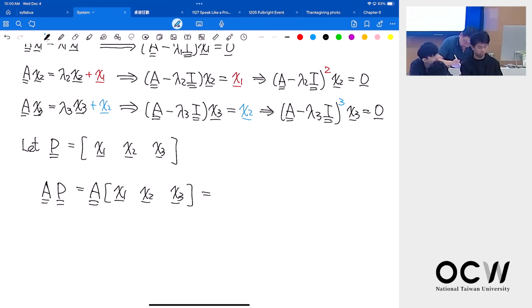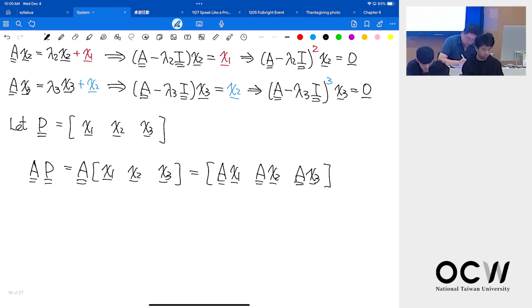So it should be A x1, A x2, A x3. What is A x1? Lambda 1 x1.